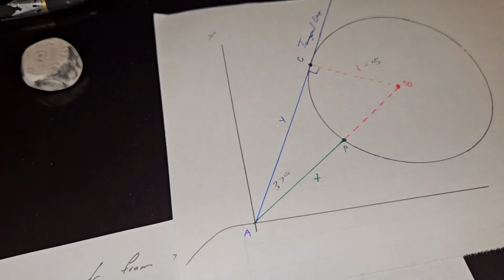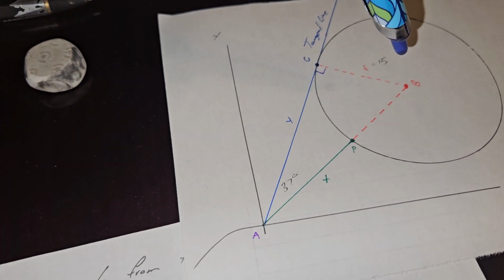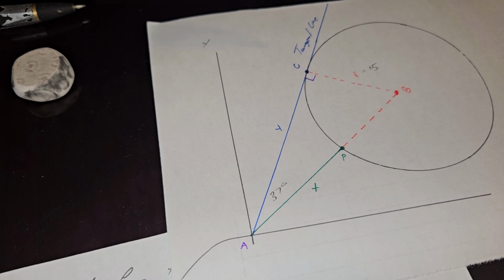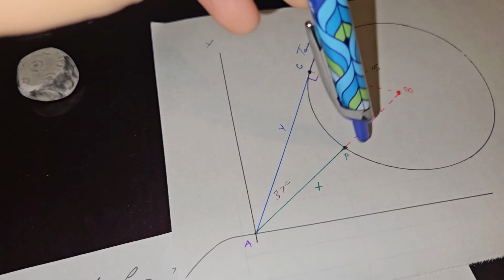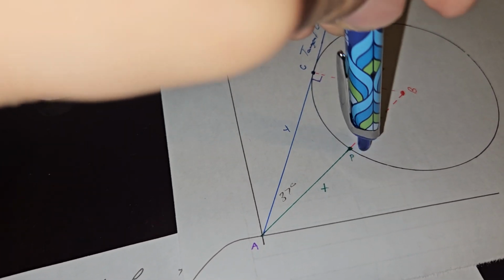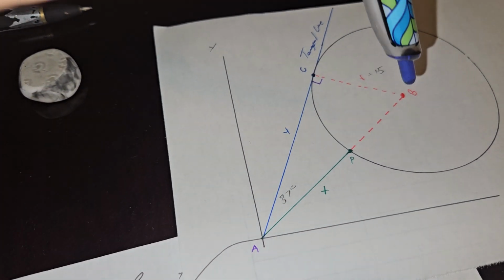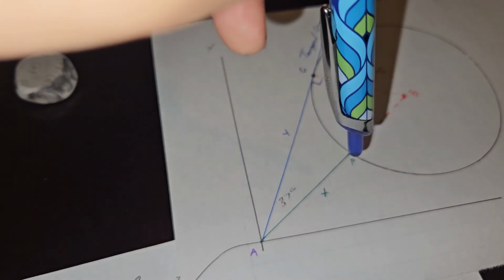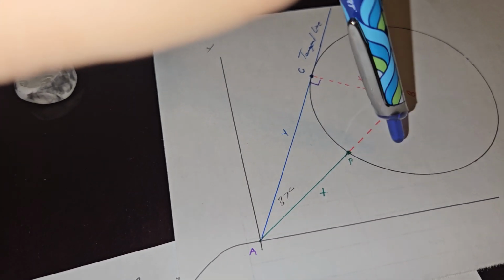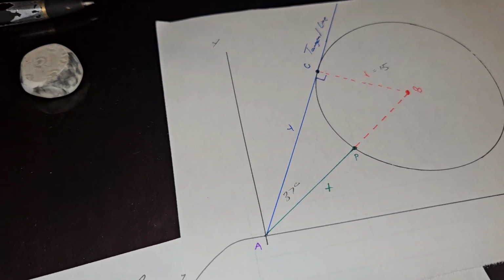Opposite of 37 degrees is 15. And the hypotenuse is this whole thing right here. So this is a radius, right? This is also the radius. So this little red dotted line we have here is going to be 15. So this whole hypotenuse is going to be x plus 15, because this is the radius, the same thing as this is a radius.